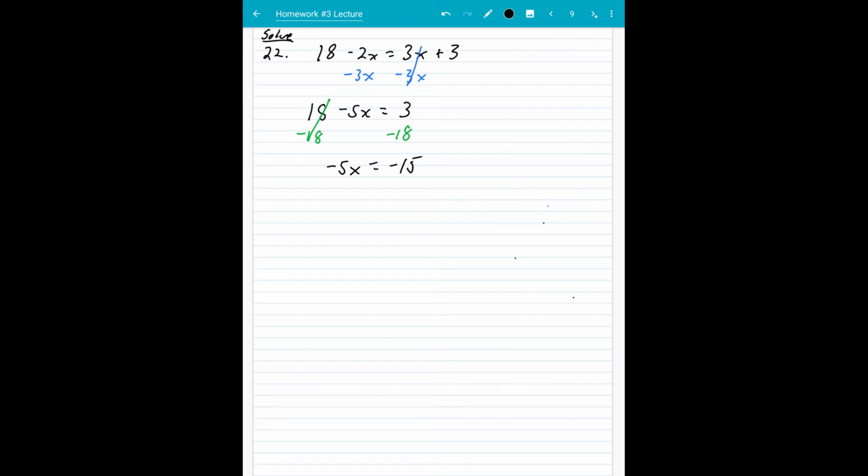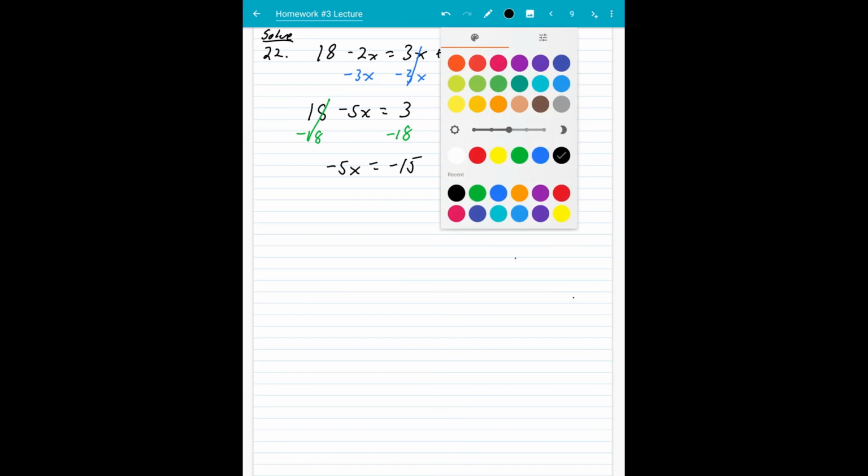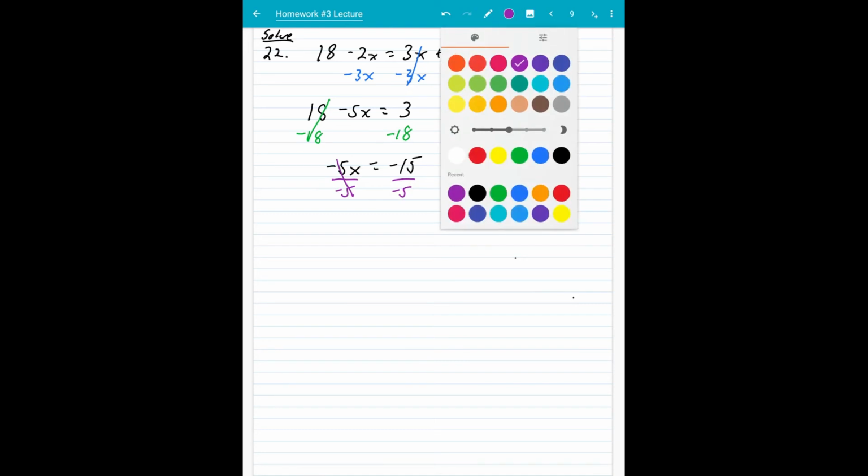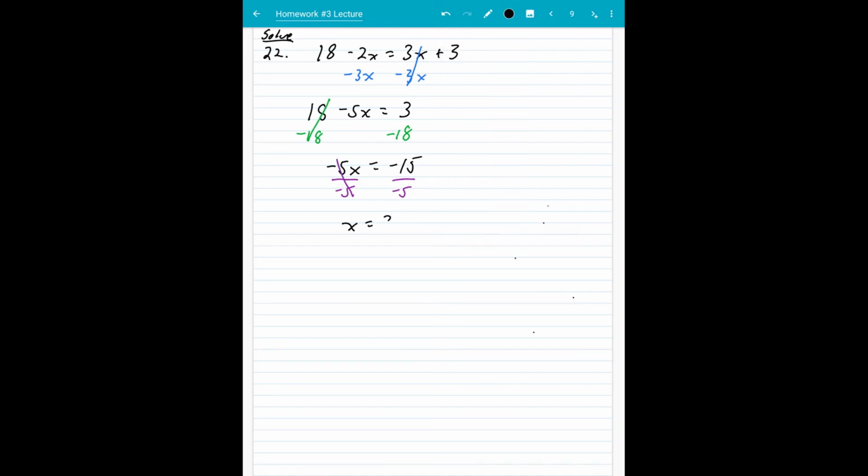Now we have variables and numbers on separate sides. We can finally divide by negative 5. And that gives us x equals positive 3. So that one took multiple steps. That had 1, 2, 3 steps in total compared to what we had earlier.